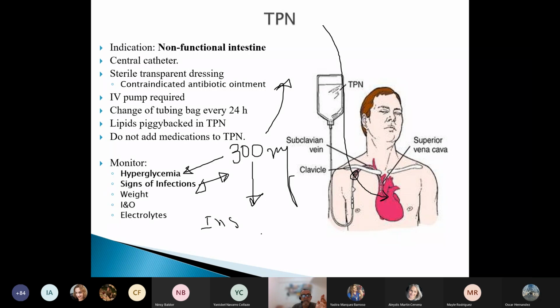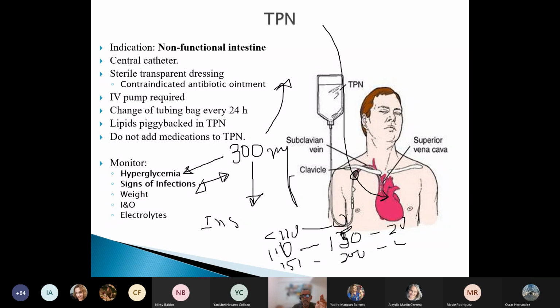So if the sliding scale says, okay, less than 110, zero insulin, 110 to 150, okay? 150 is 2 units. 151 to 200, okay?